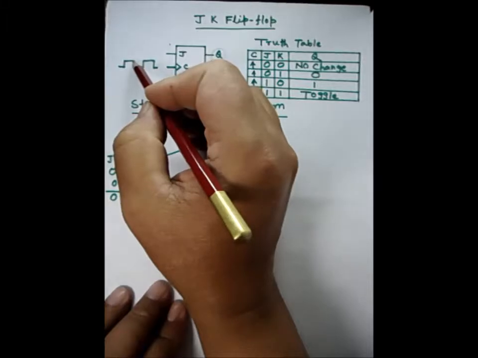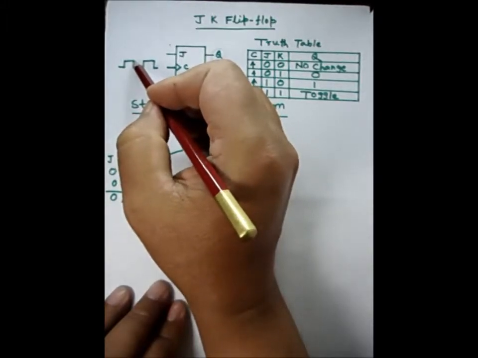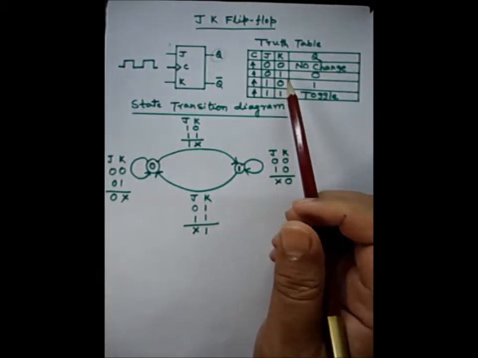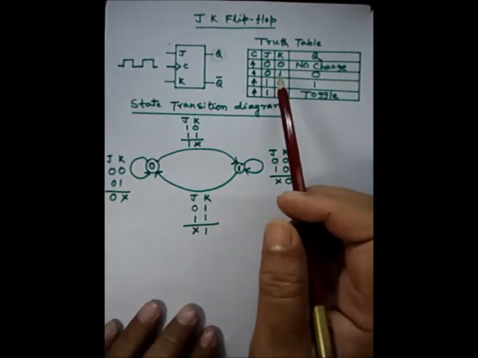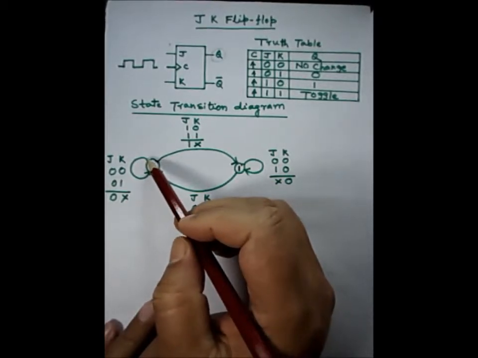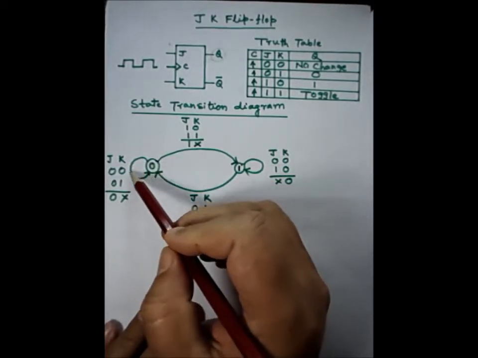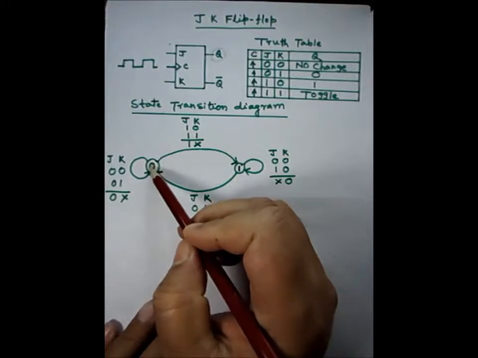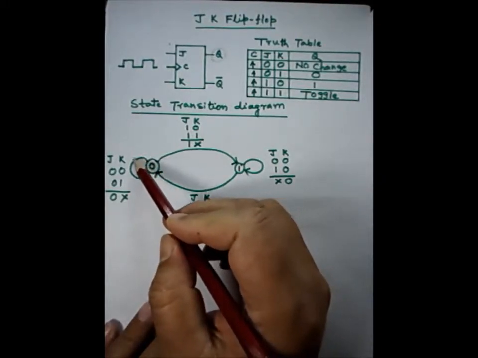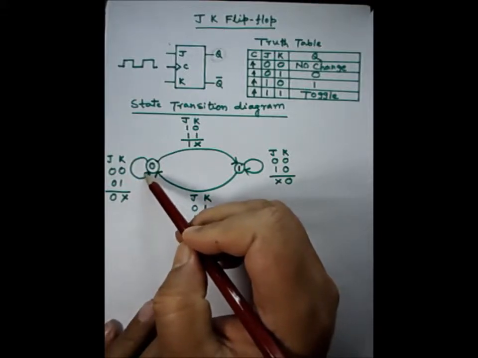Negative triggered is from high to low. Both types are available, but let us take the positive triggered only. Whenever the positive trigger arrives, the output remains 0. Previously it was 0, and after the clock pulse it remains 0.